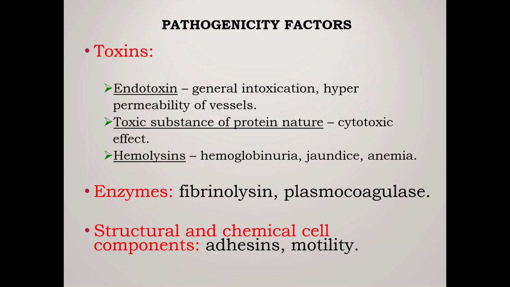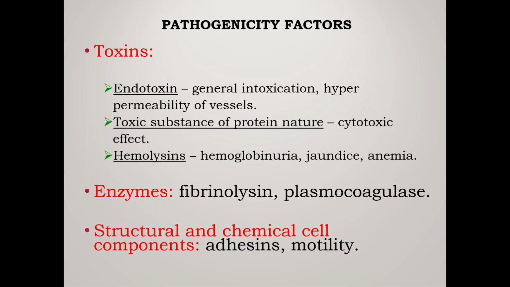Pathogenicity factors or virulence factors. Toxic factors: endotoxin, general intoxication, hyperpermeability of vessels. Toxin substances of protein nature, cytotoxin effect, and hemolysins cause hemoglobinuria, jaundice, and anemia.